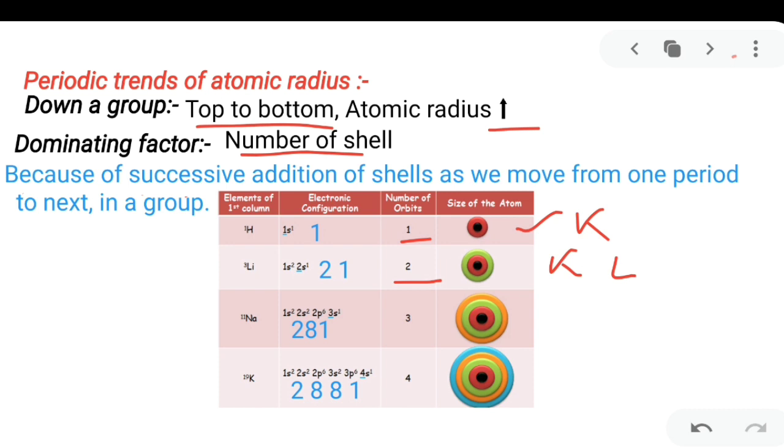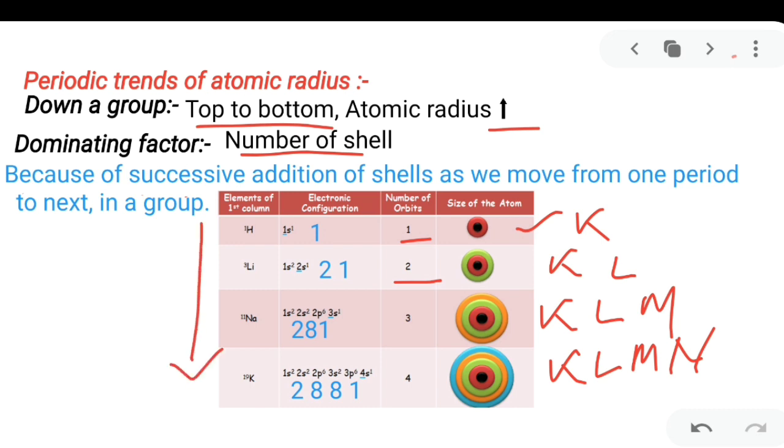Now, let us talk about sodium, atomic number 11, electronic configuration 2,8,1, consists of 3 orbits, K orbit, L orbit, M orbit. Now, we will talk about potassium, electronic configuration 2,8,8,1, it consists of 4 orbits, so that is K, L, M, N. So, it is obvious that when we move down a group, top to bottom, the number of shells increases.